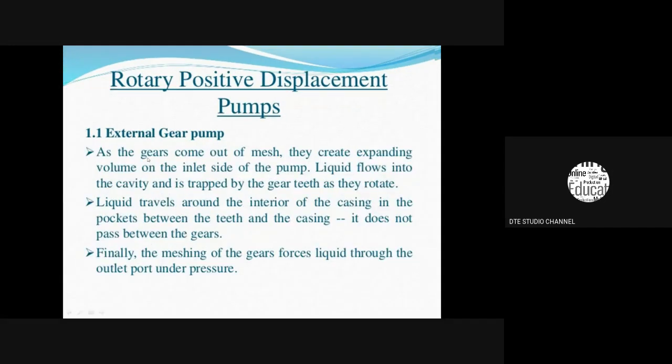As the gears come out of mesh, they create expanding volume on the inlet side of the pump. Liquid flows into the cavity and is trapped by the gear teeth as they rotate. Now, its construction is like this.